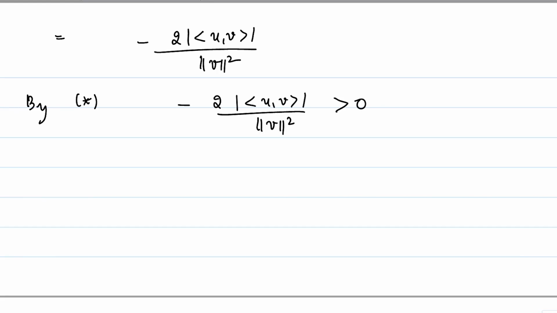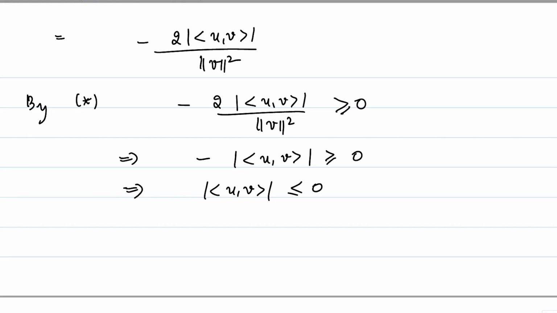We can safely multiply by length of v square, which is a positive quantity, and conclude that the absolute value of u comma v should be less than or equal to 0. I am sorry, this is greater than or equal to 0. By multiplying by minus 1, we get this is less than or equal to 0.